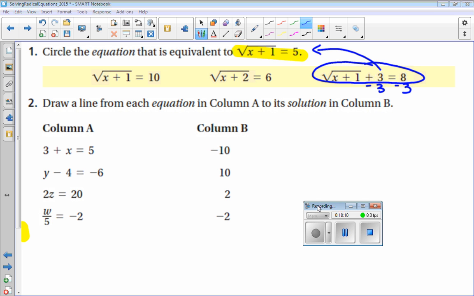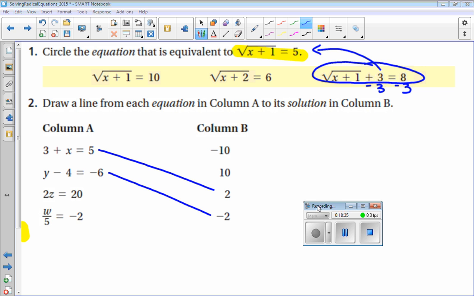Let's draw a line. Where's the solution in column B for the first answer here? What's x? Positive 2. You don't have to write this part down. Second one, if I add 4, negative 2. Negative 6 plus 4, right?